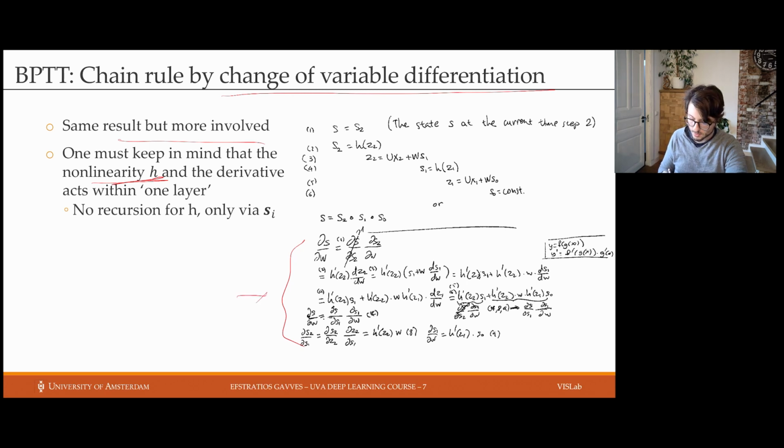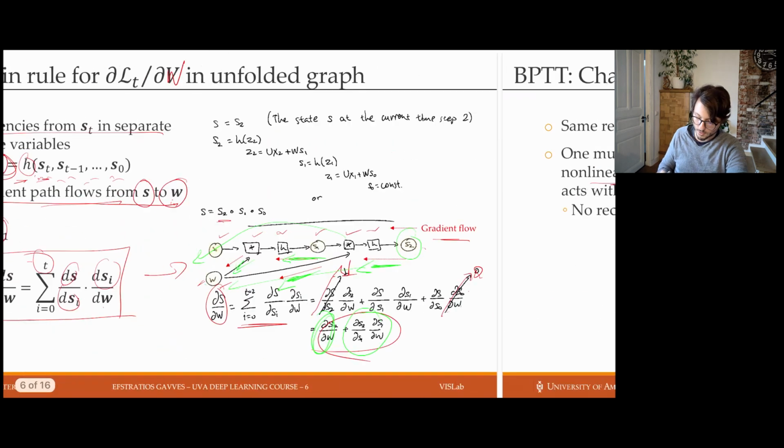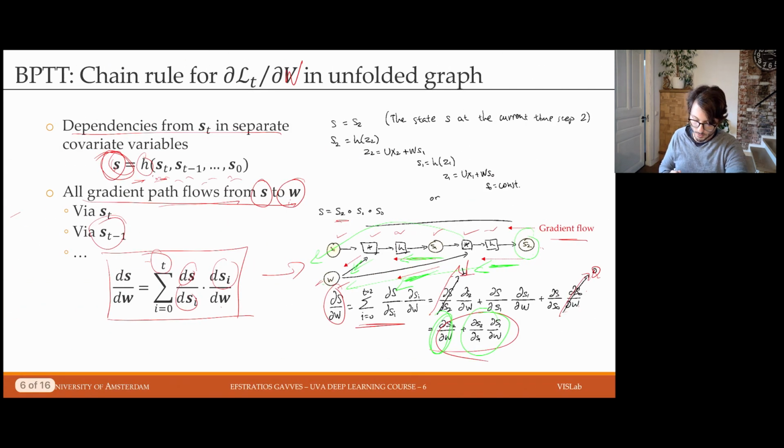I have written this down here. I'm not going to go into detail for the sake of time. However, as you can see, we arrive at exactly the identical result. It's a bit more involved though. Here we have a single equation that describes the process.